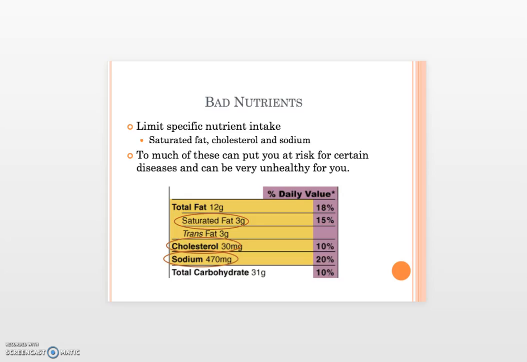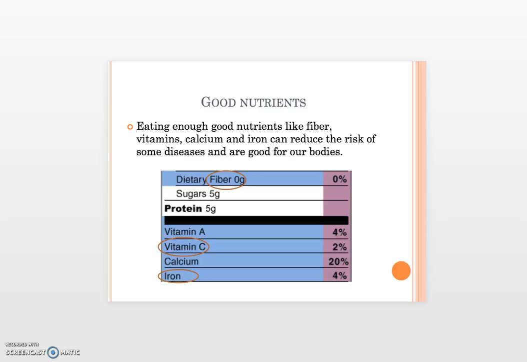There are some bad nutrients. We want to limit those specific nutrients. They're saturated fat, cholesterol, and sodium. Too much of these can put you at risk for certain diseases and can be very unhealthy for you. Although there are some good nutrients on the nutrition label as well.